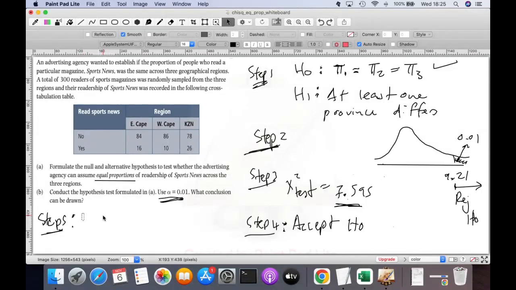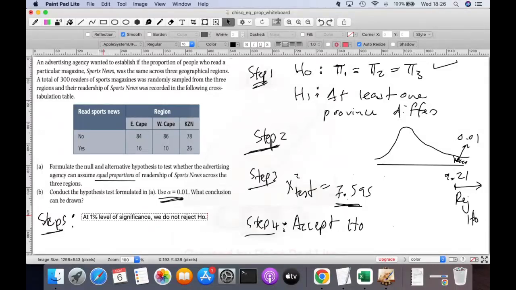Right here, if you remember what we always do, we always start off with our level of significance. So we would say at a 1% level of significance, we accept H0 or we do not reject H0. Either way, it's fine. We do not reject H0.